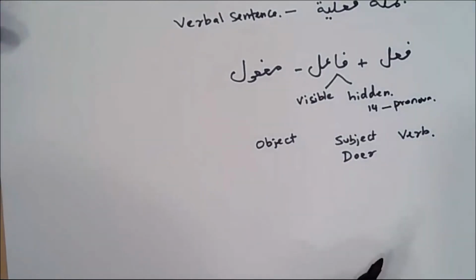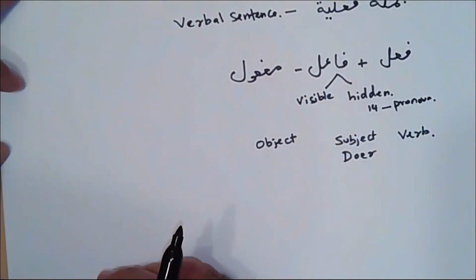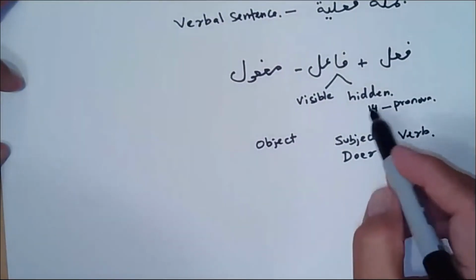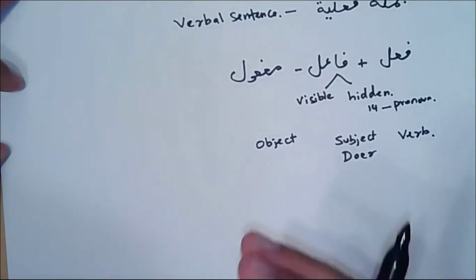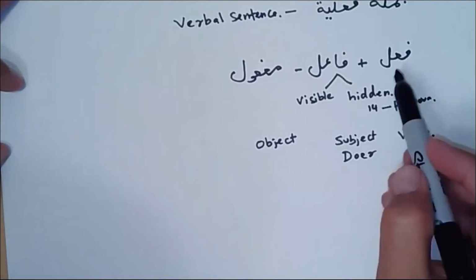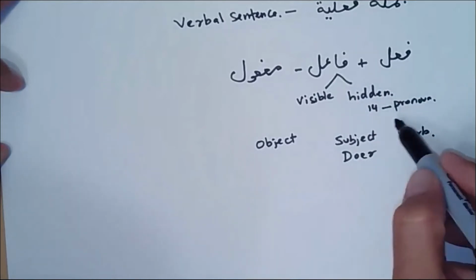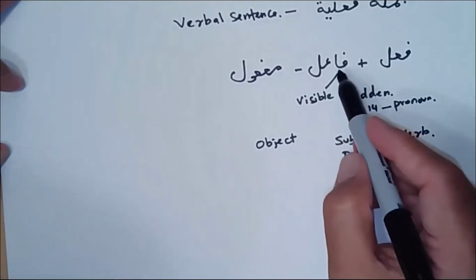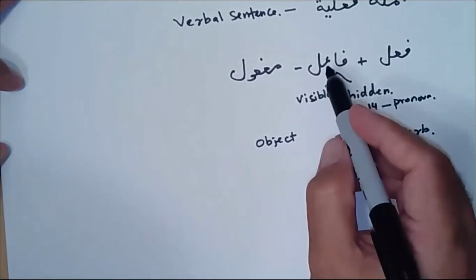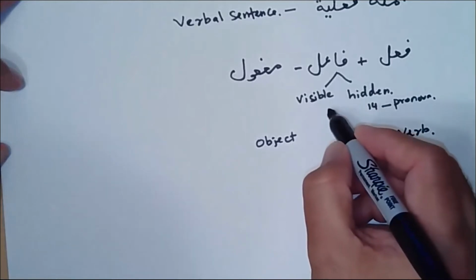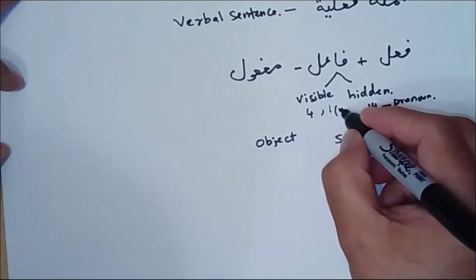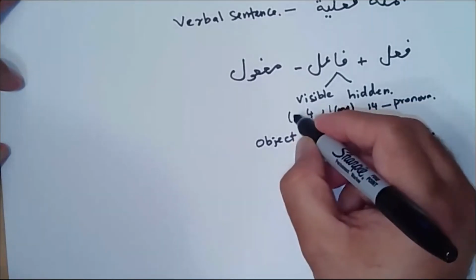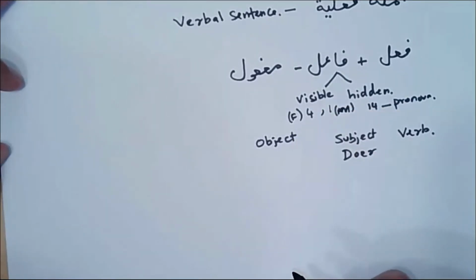So we have fa'ala, fa'ala, fa'alu, fa'alat. Remember that one? Yeah. So those are with the pronouns. There are how many pronouns? 14. 6 for male, 6 for female, and second person, third person, first person. So when a fa'il is hidden, we have 14 variations. We can make 14 different variations of the fa'il. However, when fa'il is visible, we can only have either number 1 or number 4. Number 1 for the male and number 4 for the female. Remember that part?